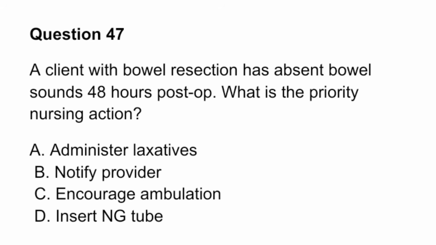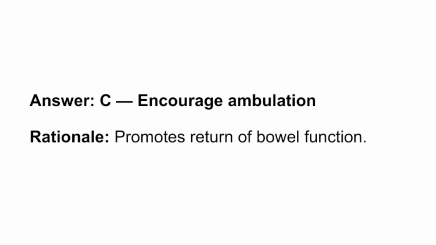Question 47. A client with bowel resection has absent bowel sounds 48 hours post-op. What is the priority nursing action? A. Administer laxatives. B. Notify provider. C. Encourage ambulation. D. Insert NG tube. Answer C. Encourage ambulation. Rationale: promotes return of bowel function.